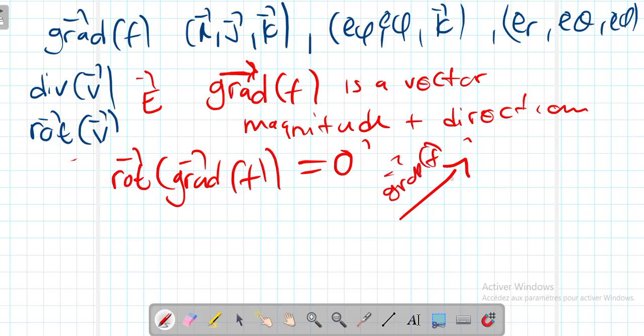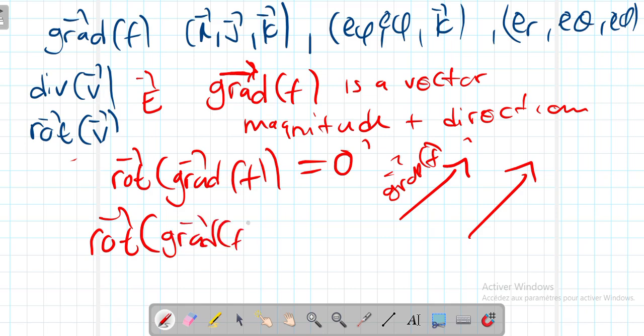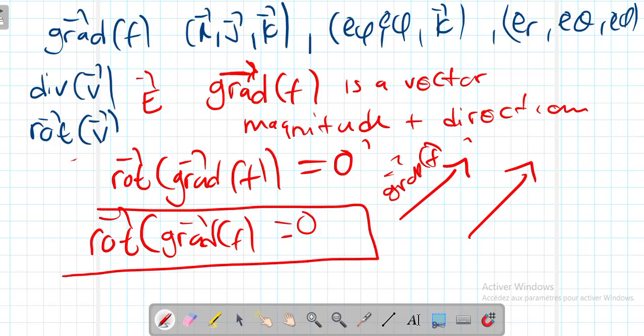The only question you need to ask yourself is whether this vector is rotating. If this vector is going this way, it's obviously not rotating. So the rotation of the gradient of anything is 0. This is an important mathematical equation in physics. You're going to use it a lot.